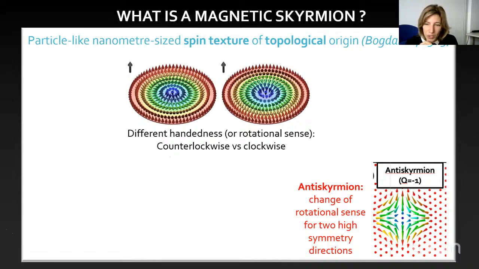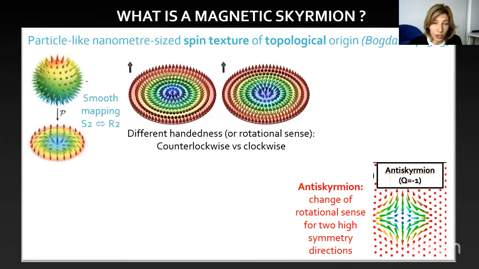The difference between skyrmion and anti-skyrmion is that in an anti-skyrmion, the winding of the spins changes if you change direction. They can wind, for example, clockwise in one direction and counterclockwise in the other direction.